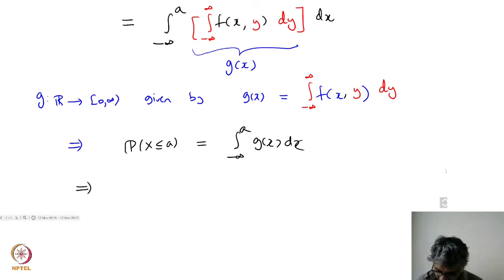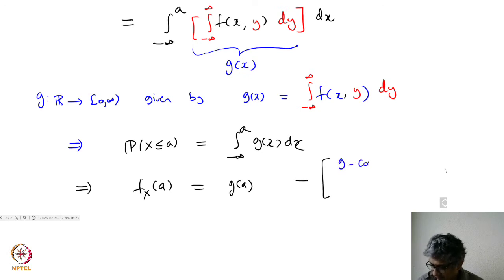This implies that the density function of X at the point a is just the derivative of this integral, which by the fundamental theorem of calculus is just g(a). This requires a certain assumption that g is continuous. Otherwise, this is true whenever g is continuous, at all points where g is continuous.